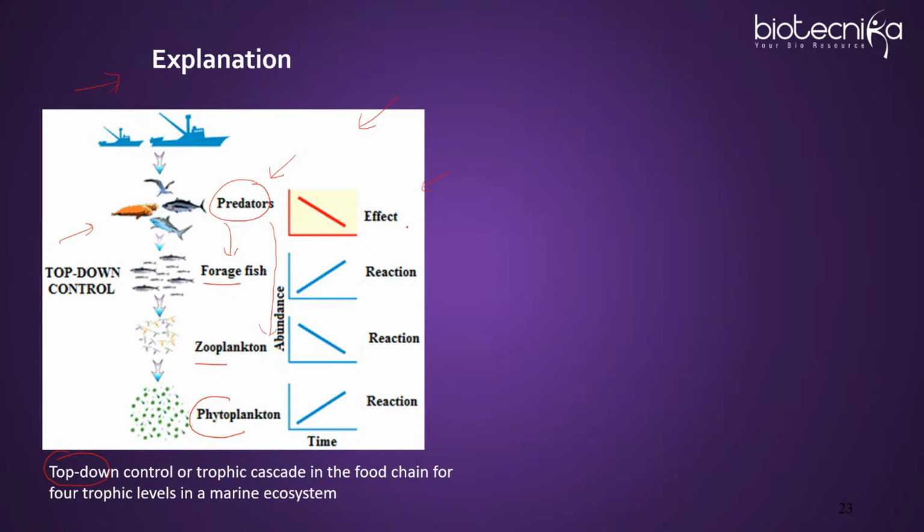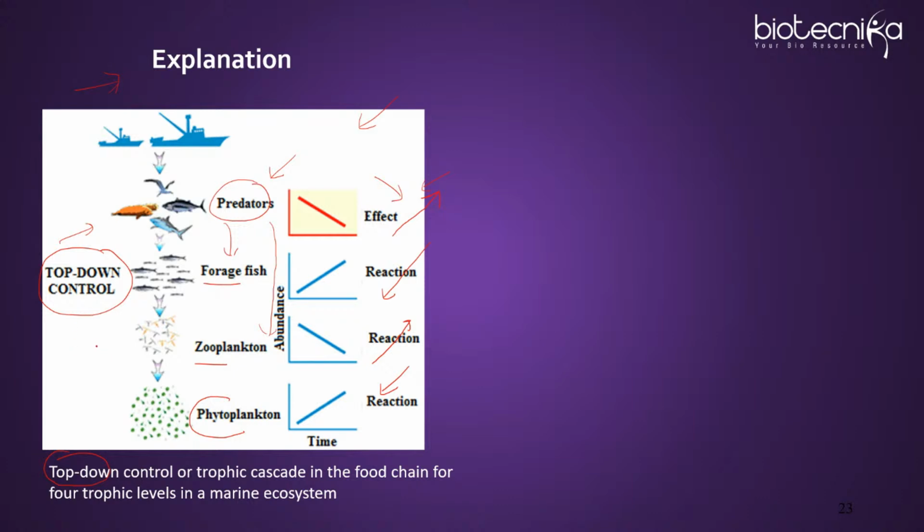See, if the piscivorous fishes have increased in population, the small fishes will decrease, the zooplanktons will increase, and the phytoplanktons will decrease. So this is what we know as top-down control.